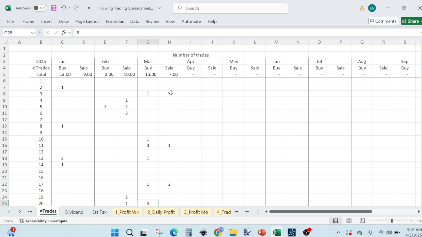And you can see the number of times we sold stocks. On the 3rd we sold 3 different stocks, if that makes sense, and so forth. So 7 total stocks sold in March versus 15 stocks purchased in March.